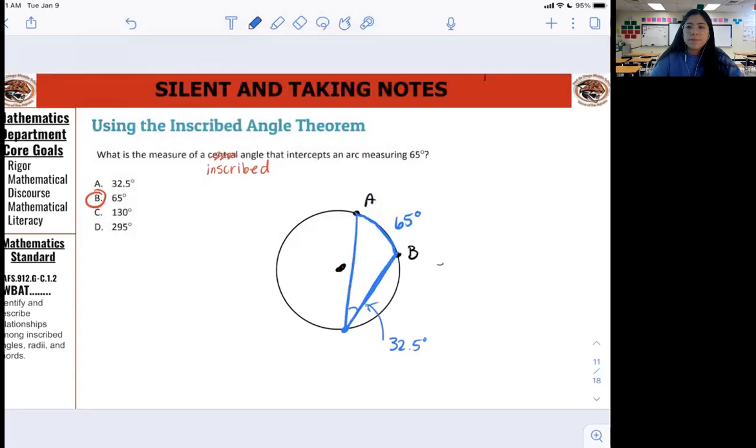Questions? Okay, one more question. Would it still measure 32.5 degrees if it was located over here? Or would that be something different?